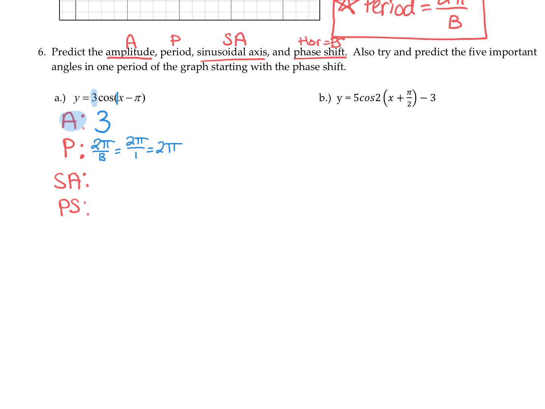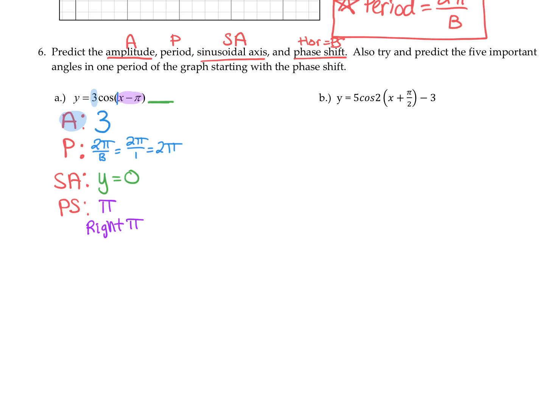The sinusoidal axis will come from looking if there's anything added or subtracted to my equation at the end, so if there's an up or down shift. In this case, there's not, so it's just going to be y equals 0. The phase shift is going to come from looking inside the parentheses with the x, so I'm going minus pi, so my phase shift is pi or right pi. Either way is good with me.